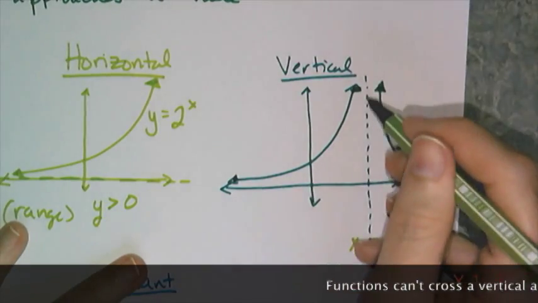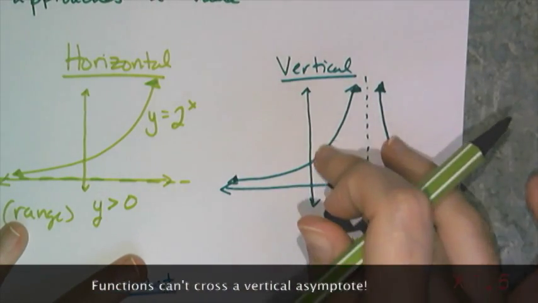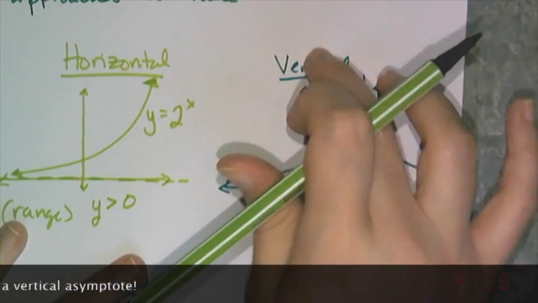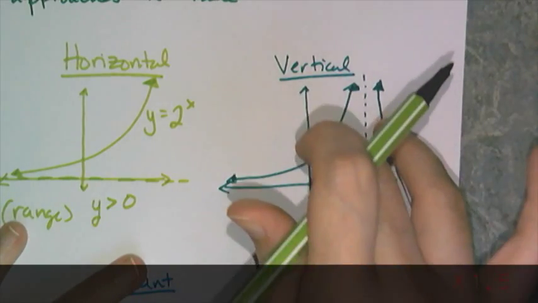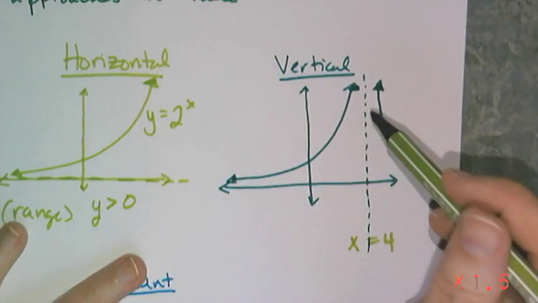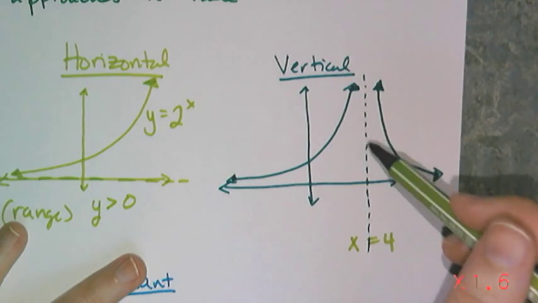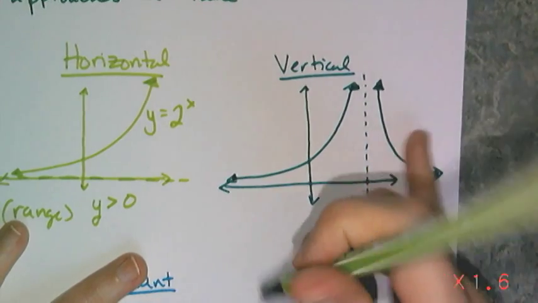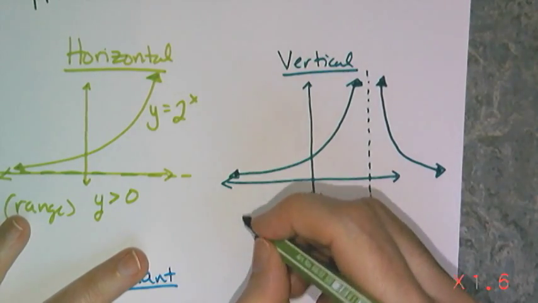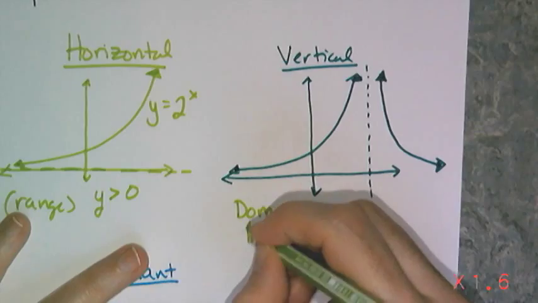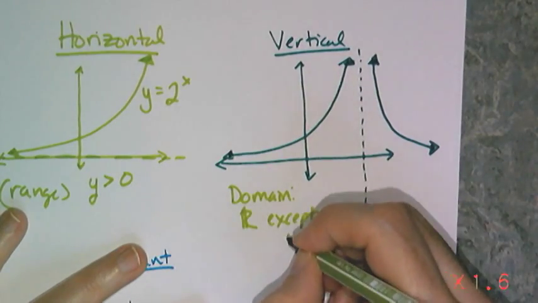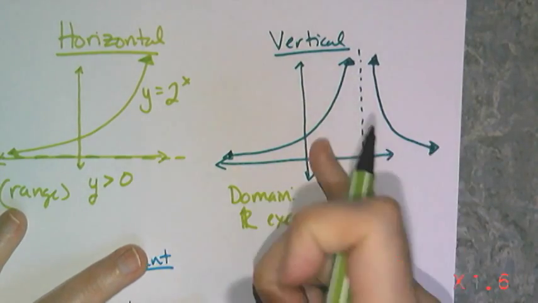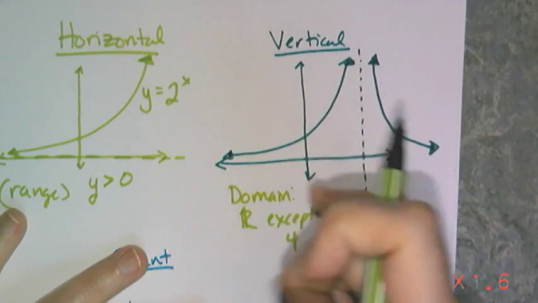These two don't cross over these asymptotes. They just get really close to them. That means there is a problem with the domain, namely that the domain can't equal 4. So in this case, the domain is all the real numbers except 4. Vertical asymptotes tell you values that have been restricted from the domain.